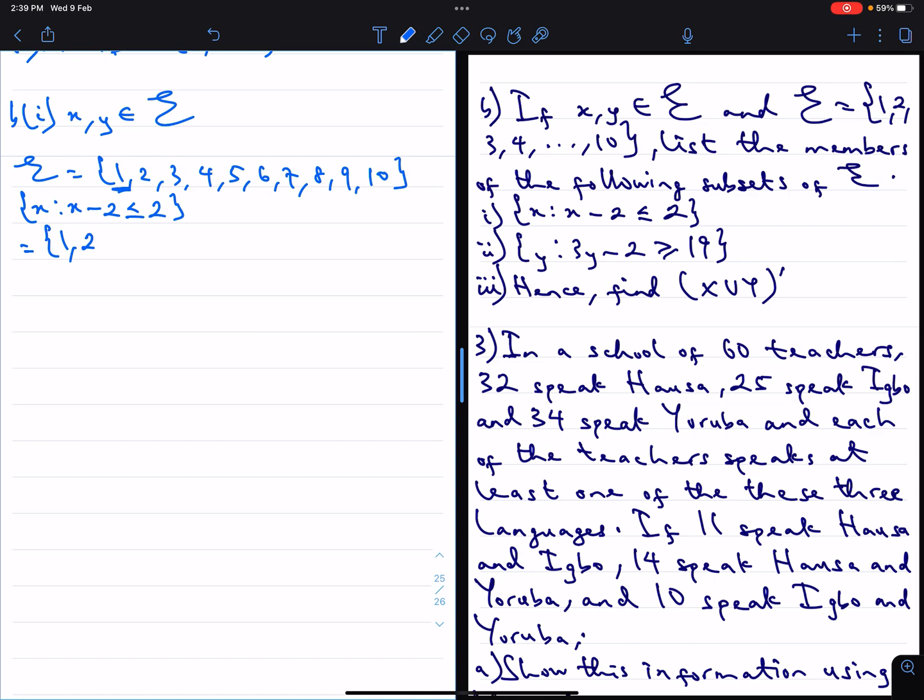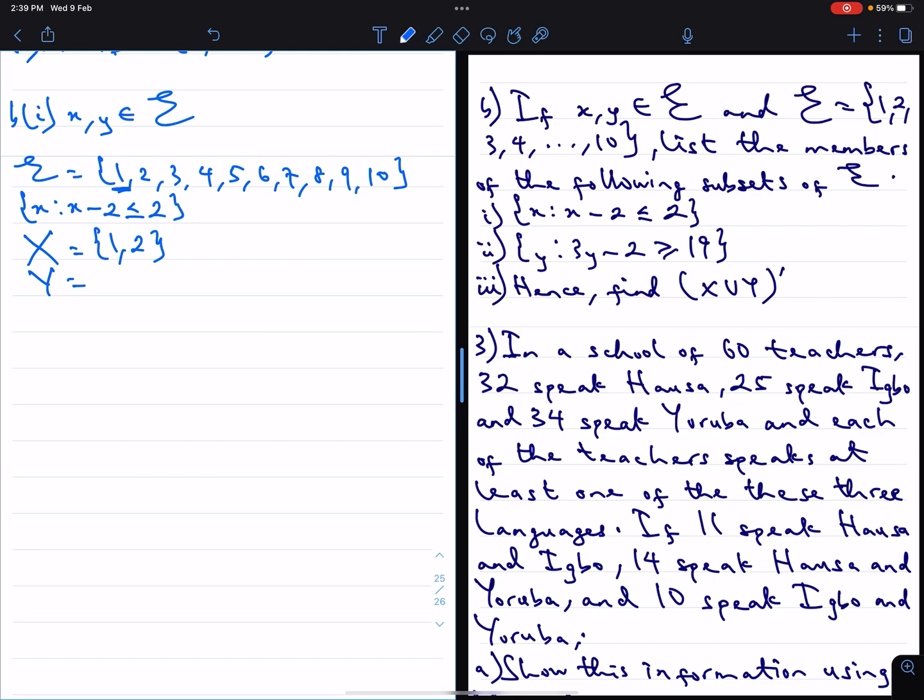So 3 cannot be an element of the set X. So that simply means the set X has elements 1 and 2, because its elements are less than or equal to 2. So it's either less than 2 or the same as 2, and the only two numbers that satisfy that condition are 1 and 2. So the elements of the set X are 1 and 2.